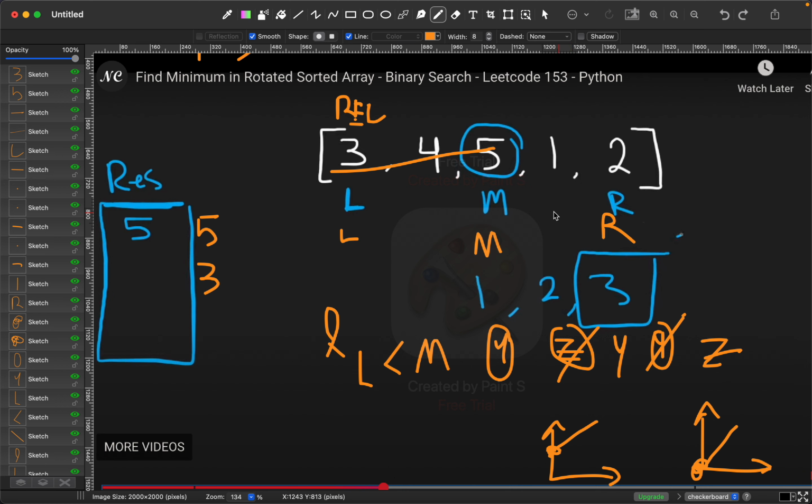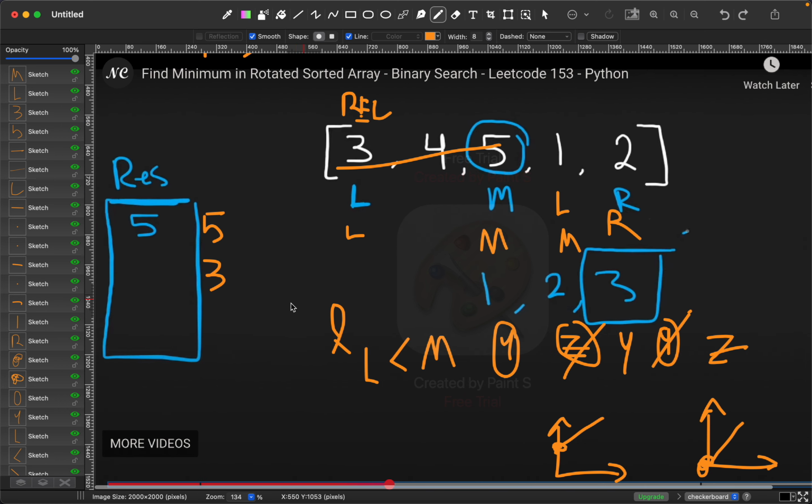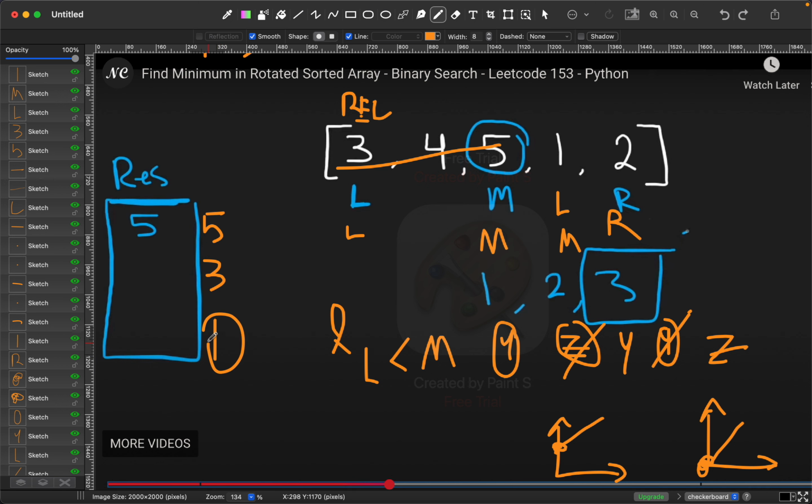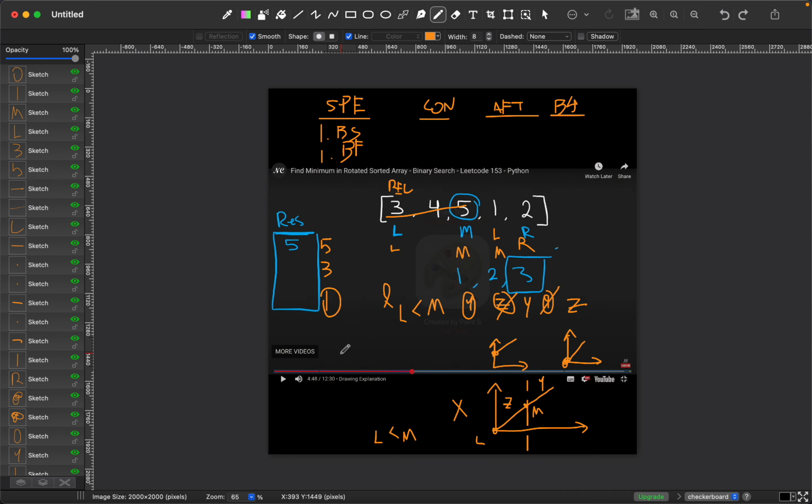So I shift both my L and the M to be over here right now. This time around I take the L value once again, and this is 1, and I compare the 5, 3 and the 1, and obviously 1 is the lowest, so I take 1 as my result. So that's how I run everything for this question specific operation.